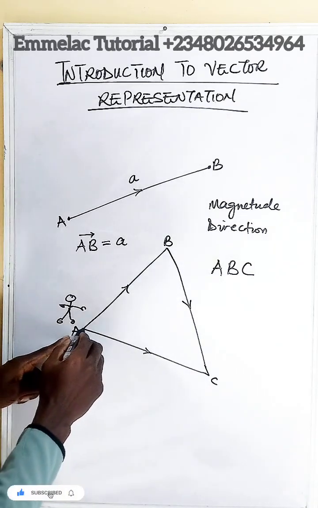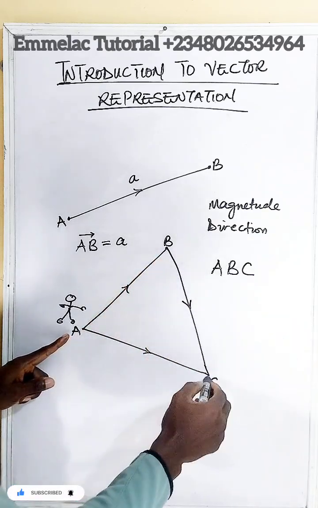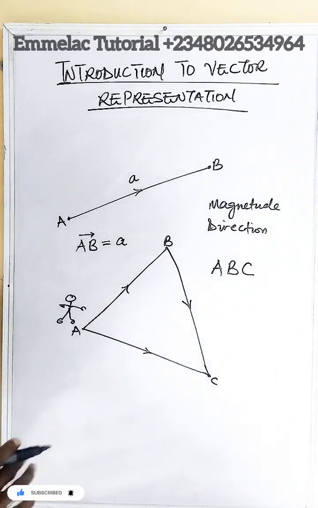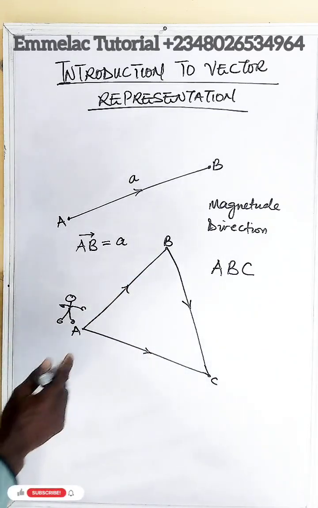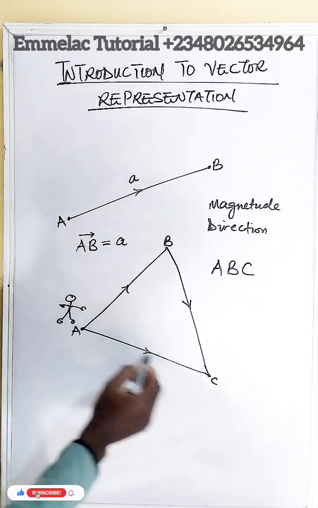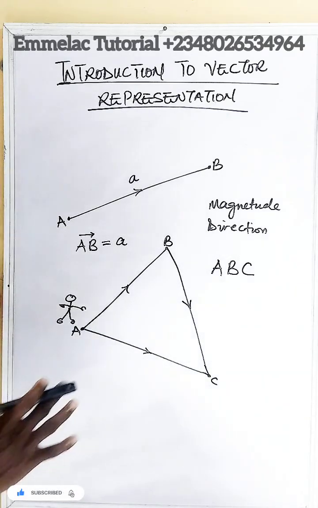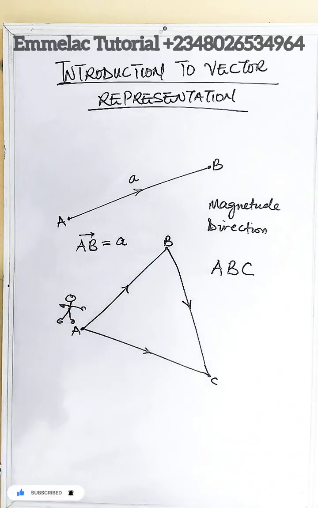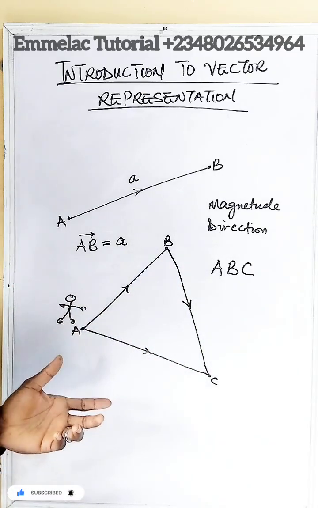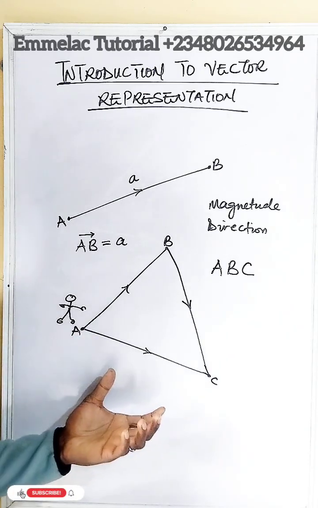You can from A move to B, and from B down to C, or you can move in a single line from A to C. This picture gives you what we call the addition of vector.